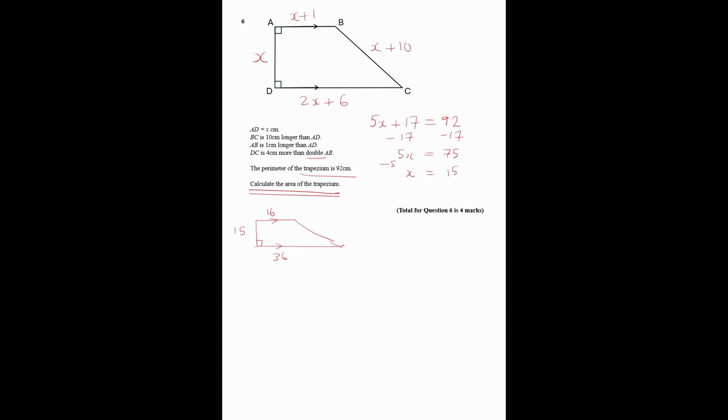So the area equals half the sum of the parallel sides. So that's 16 plus 36 times the distance between them, which is 15. Put that into the calculator. So 16 plus 36 divided by 2 times 15 is 390 centimeters squared.